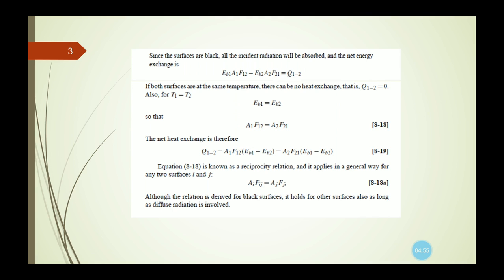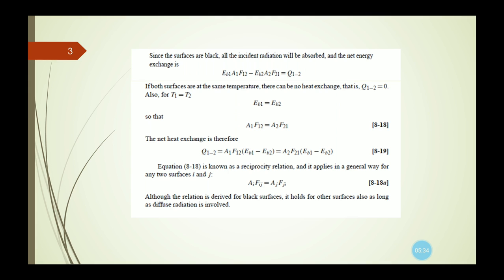So it indicates that the net radiant interchange may be evaluated by computing the one-way configuration factor or surface factor from either surface to the other. So that means the net heat exchange can be written as Q12 equals A1 F12 multiplied by EB1 minus EB2. It is also written as A2 F21, because A1 F12 equals A2 F21 as per the reciprocity relation, multiplied by EB1 minus EB2.